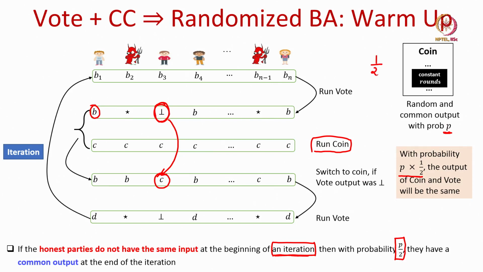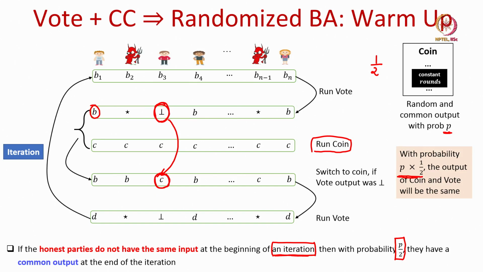It is 1 over 2. So, that is why with probability p into 1 over 2, the condition C equal to B will hold for all honest parties, and due to that all the honest parties who have obtained ⊥ at the end of the first instance of the vote protocol would have switched to the output B only, at the beginning of the second instance of the vote protocol.